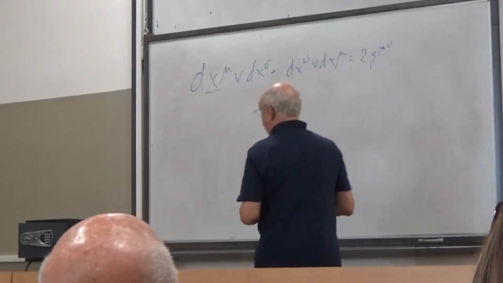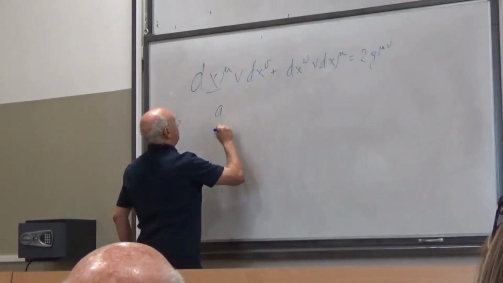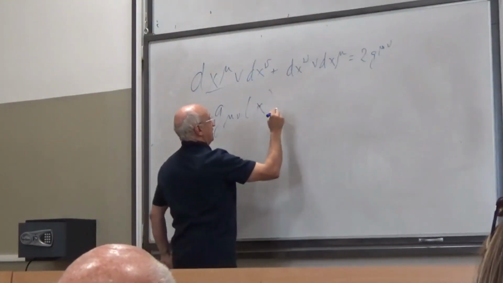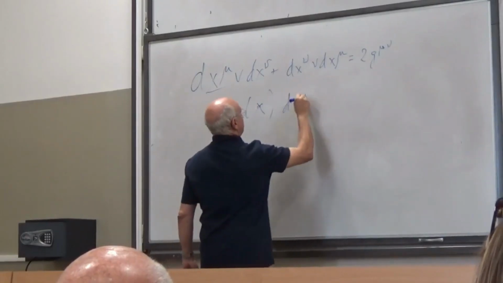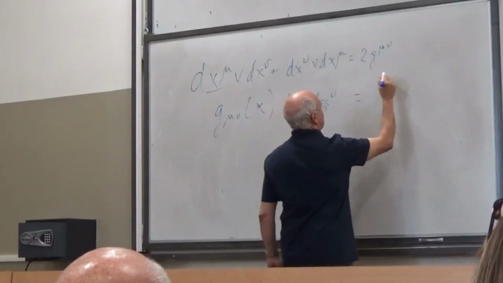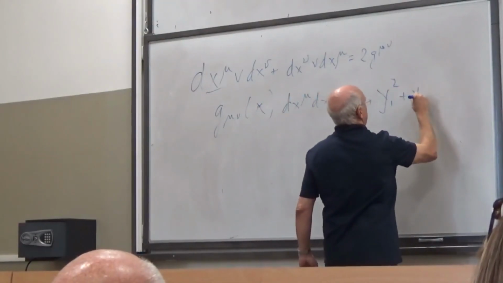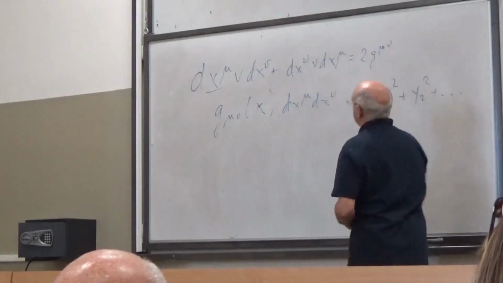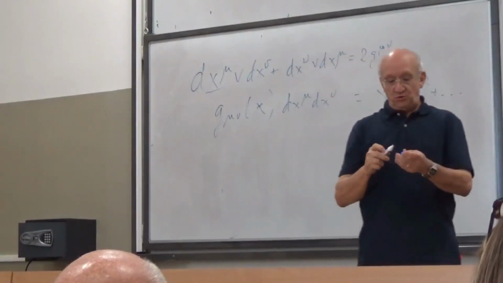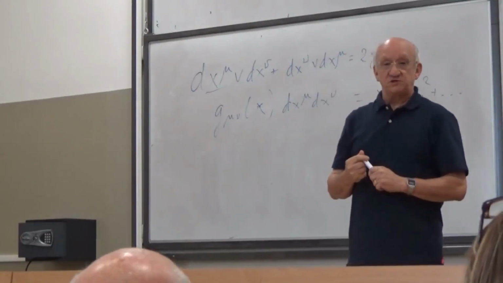Whether if I'm given g_mu nu of x dx mu dx nu, whether I can reduce that to a sum of squares, that may or may not be possible, and in order to know whether it is possible or not, we construct the Riemannian curvature.